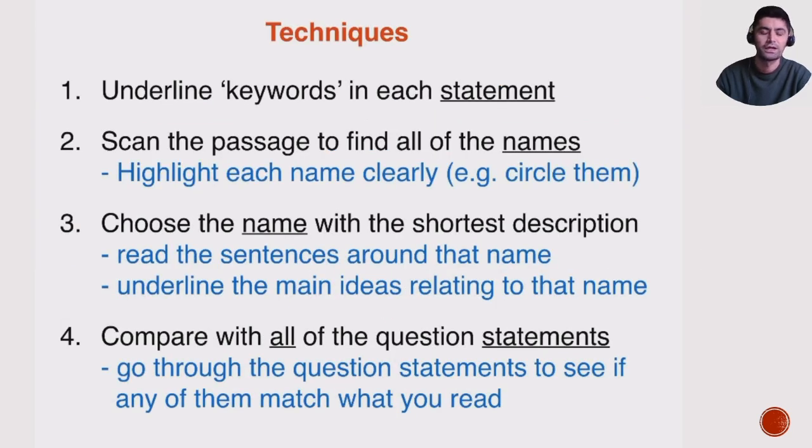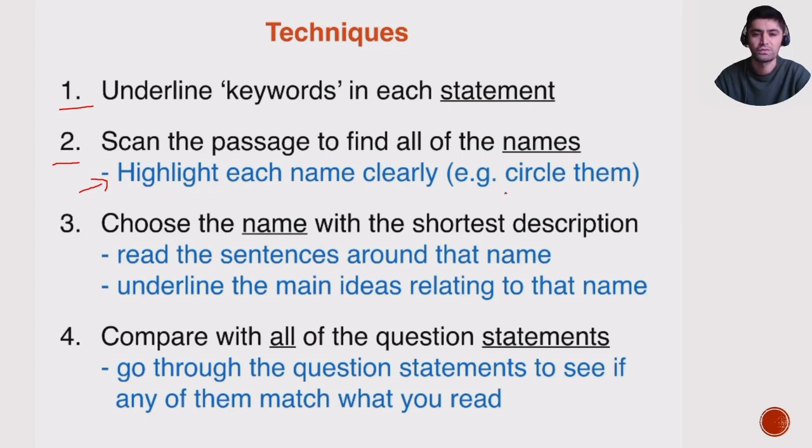And what are our techniques to deal with these kinds of questions? First thing we need to do is to underline keywords in each statement. Next, we scan the passage to find all the names in the text. And once we find names, we need to highlight each name clearly.